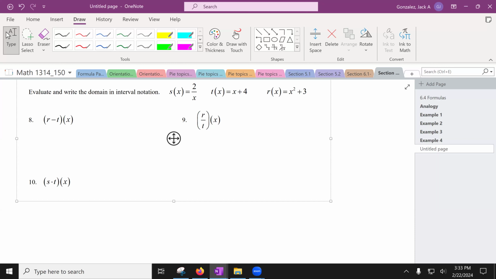So the best way to think about it is, let's look at the easy one first, a line function. Are there any issues with plugging in any specific X? Like, can I add 4 to anything? That's what the function does, it adds 4. Is there a number you can choose for X where you can't add 4?